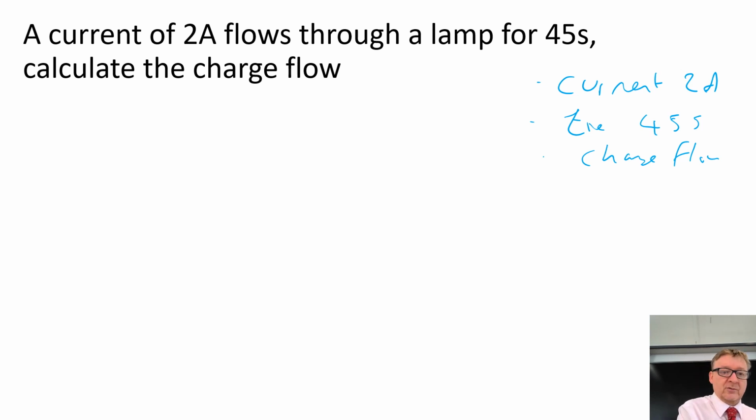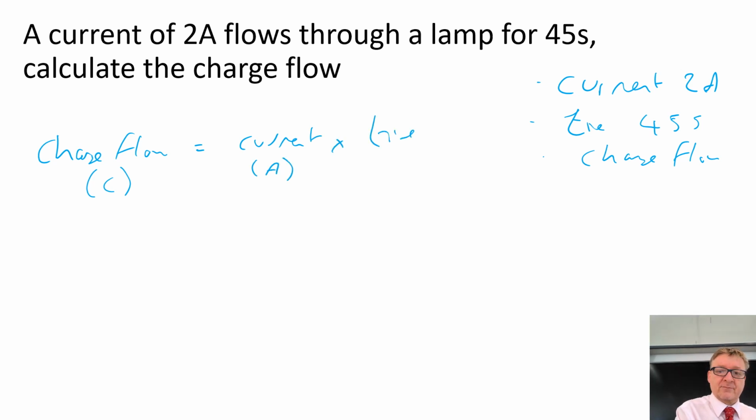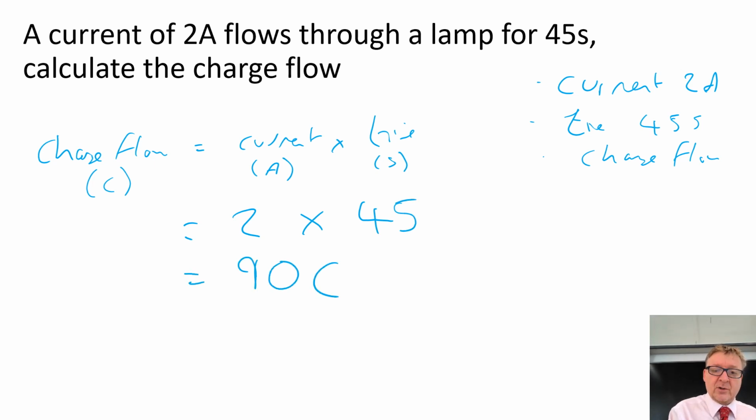I found charge flow in coulombs equals current in amps times time in seconds. You just have to know your units as well, it's dead important. Substitute in, because we're after the charge flow. Current is 2 amps, multiplied by the time, 45, equals 90 coulombs.